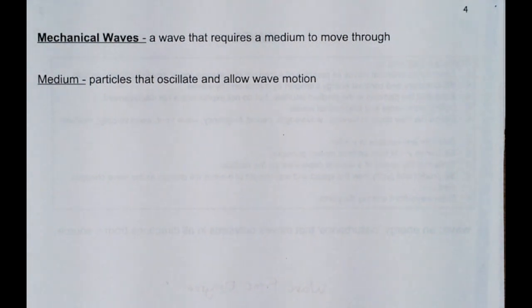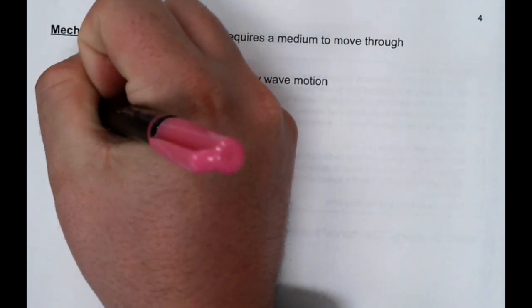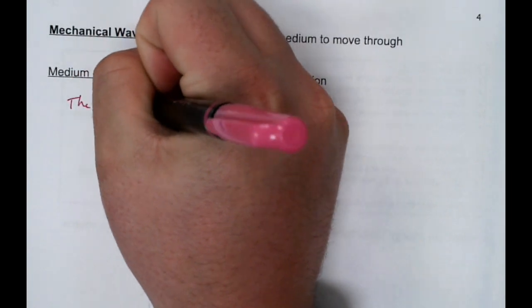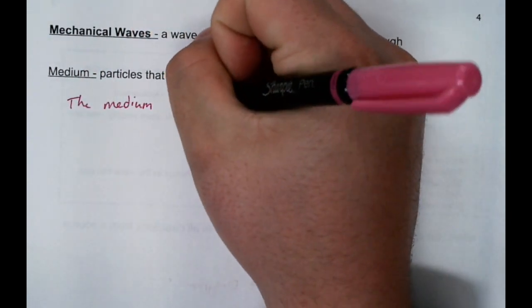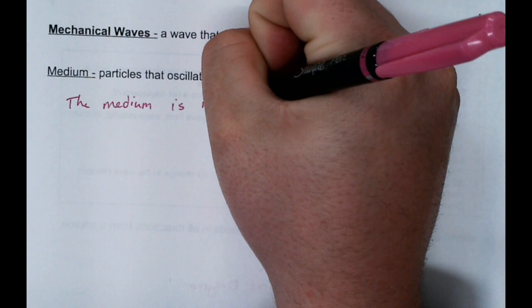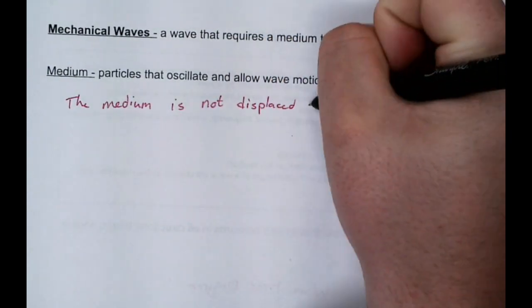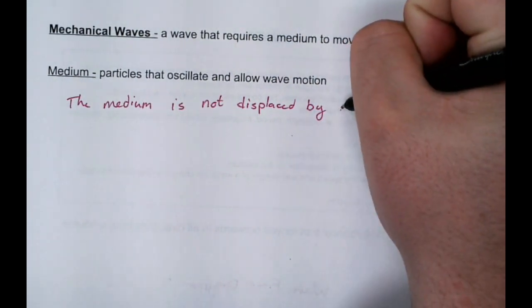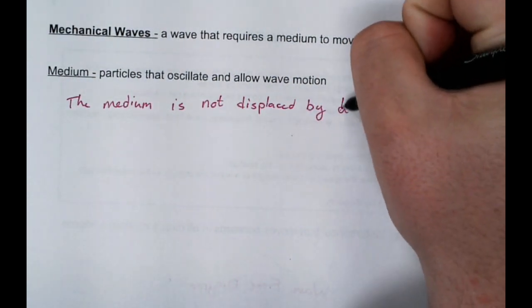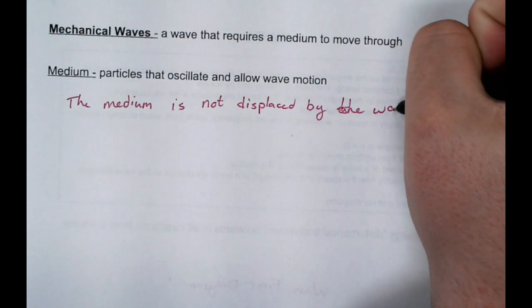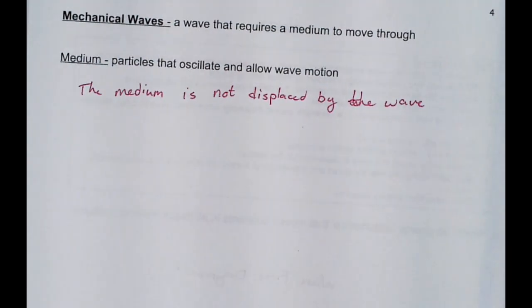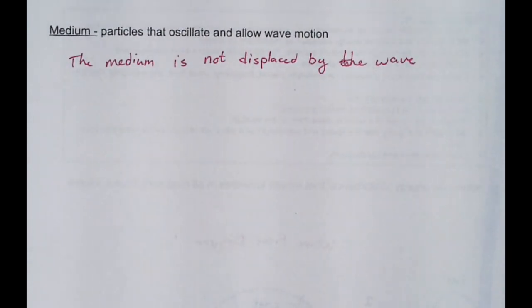So when this happens though, the medium, or what it's moving through, is not displaced by a wave. The wave is going to transmit energy from one position to another without a transfer of matter.